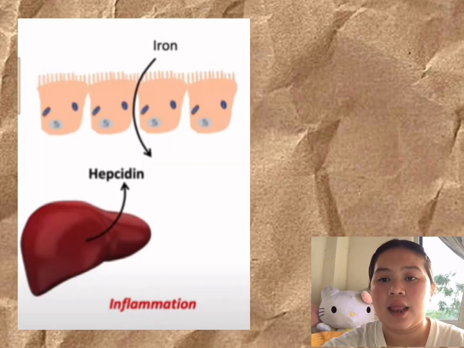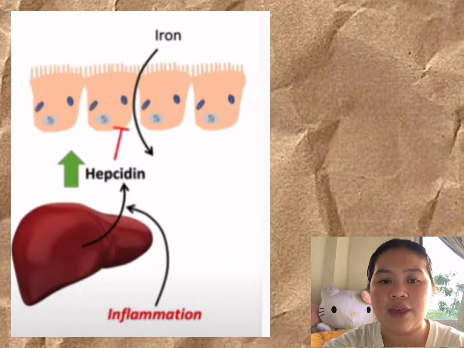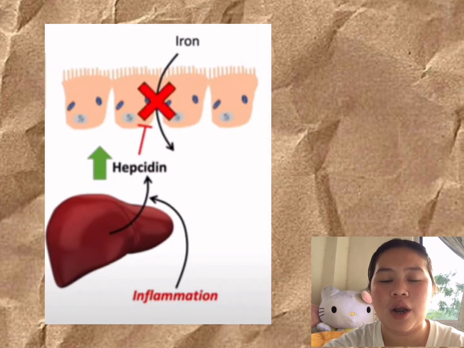Normally, it utilizes hepcidin to regulate iron absorption and metabolism, but in patients who have chronic inflammatory conditions, inflammation will actually increase the production and release of hepcidin from the liver. This will lead to an increased level of hepcidin, and hepcidin inhibits the absorption of iron from the duodenum, essentially blocking the absorption of the iron.